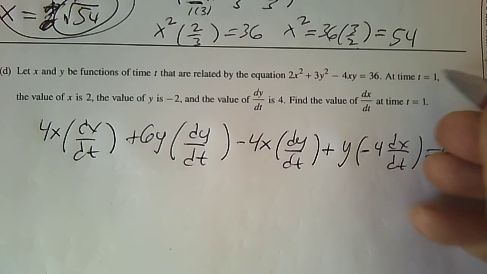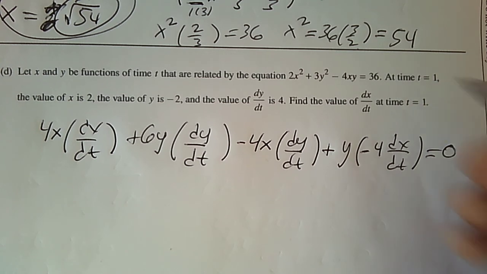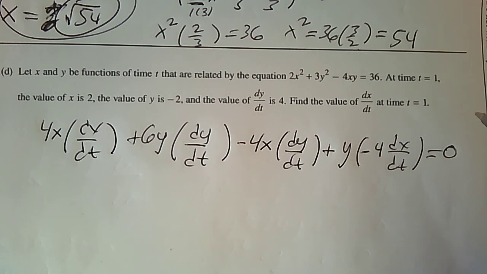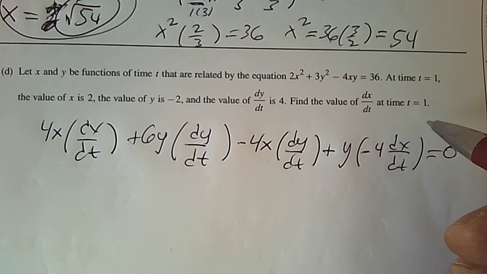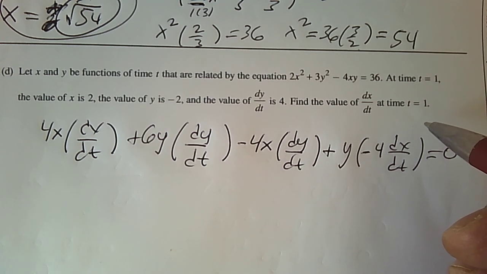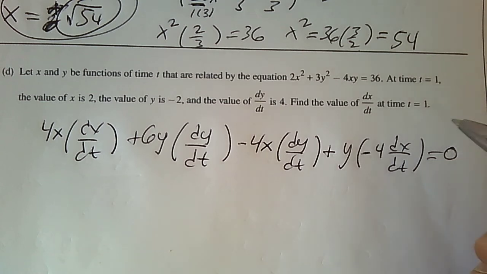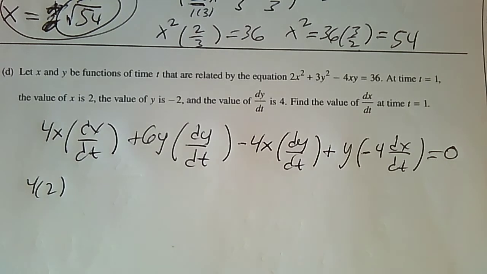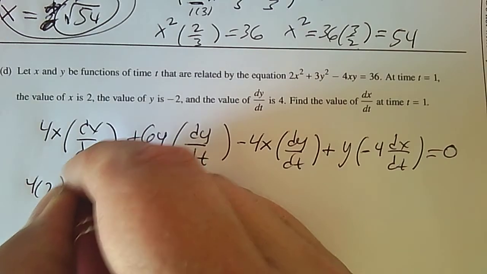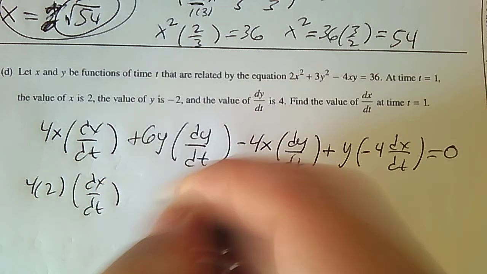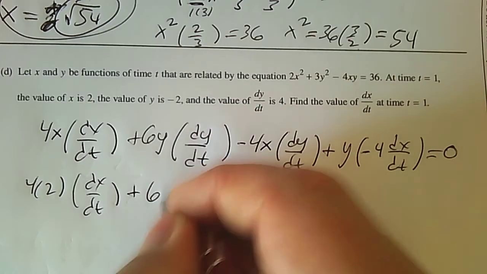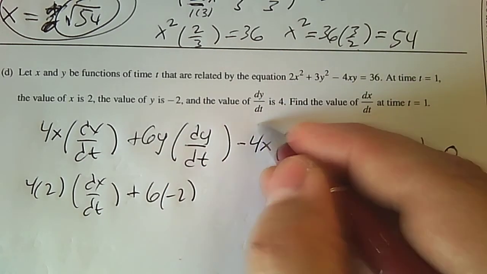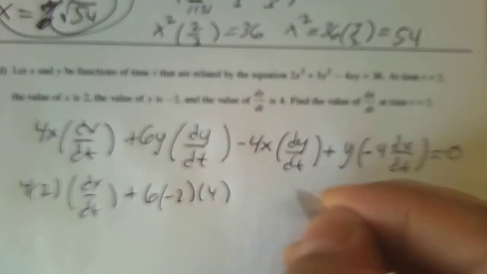It tells me that at time t equals 1, the value of x is 2. So wherever there's an x, I need to plug in 2. It says find dx by dt, so I don't know what that is. y, they said, is negative 4. dy by dt is 4.